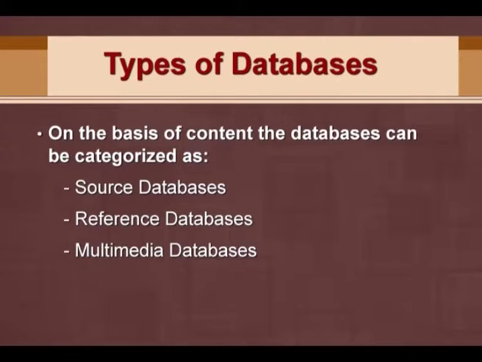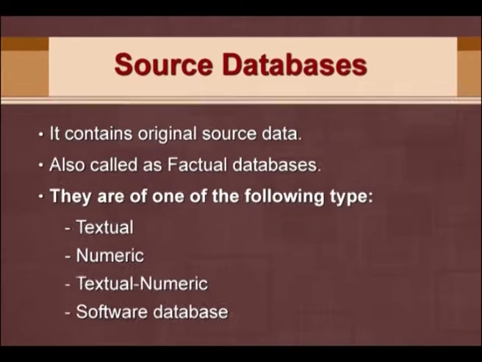On the basis of the content, the database can be categorized as source databases, reference databases and multimedia databases. Let us see one by one what is the source database, what is the reference database, what it contains and what are multimedia databases, what they contain.